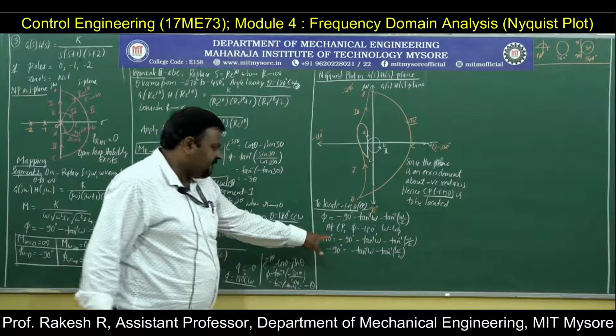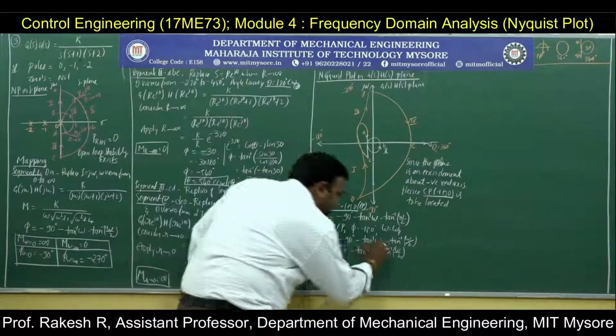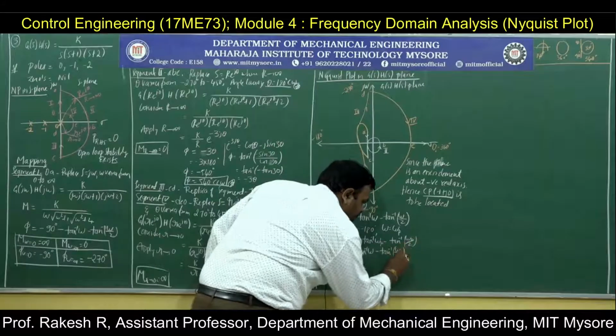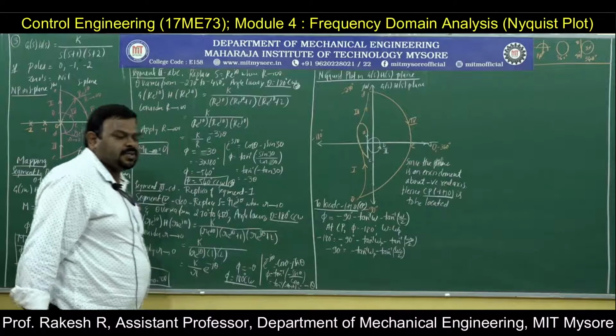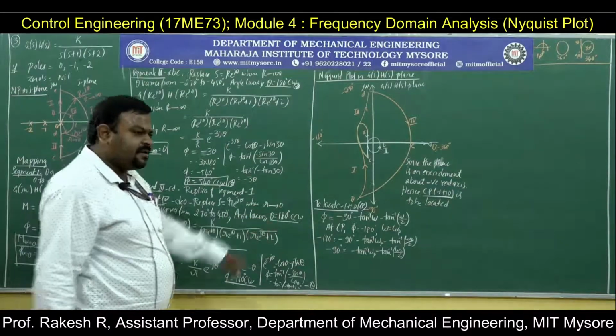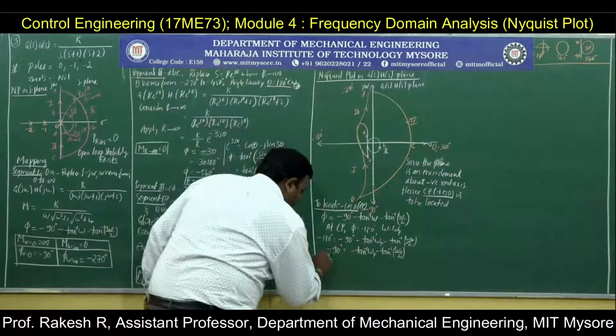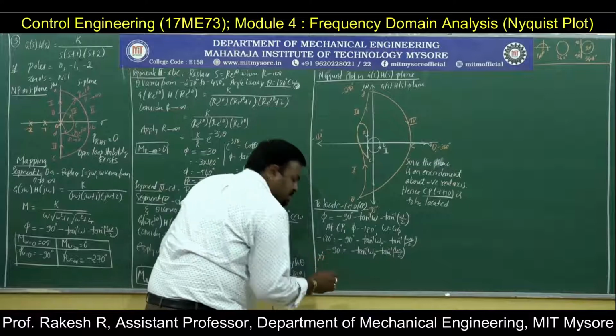Once you apply phi equal to minus 180 degree, the omega will always be omega p, a very important thing, because it is the phase crossover point. Then multiply by negative and take tan on both sides.